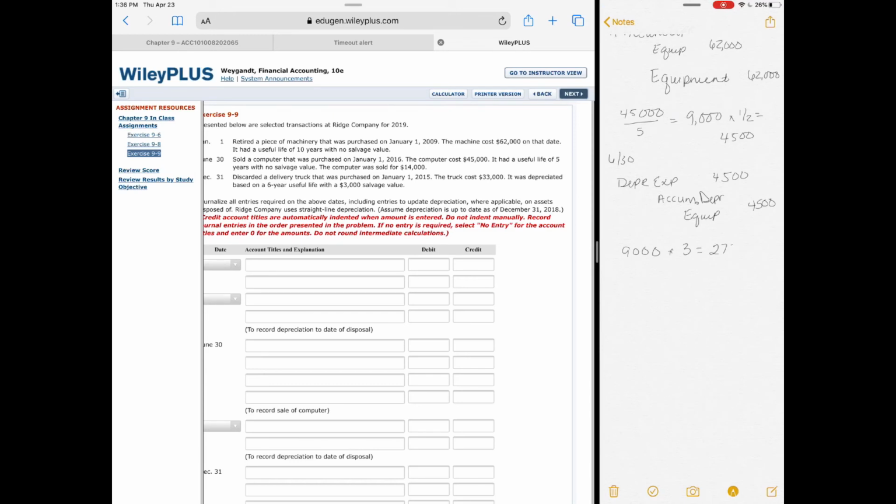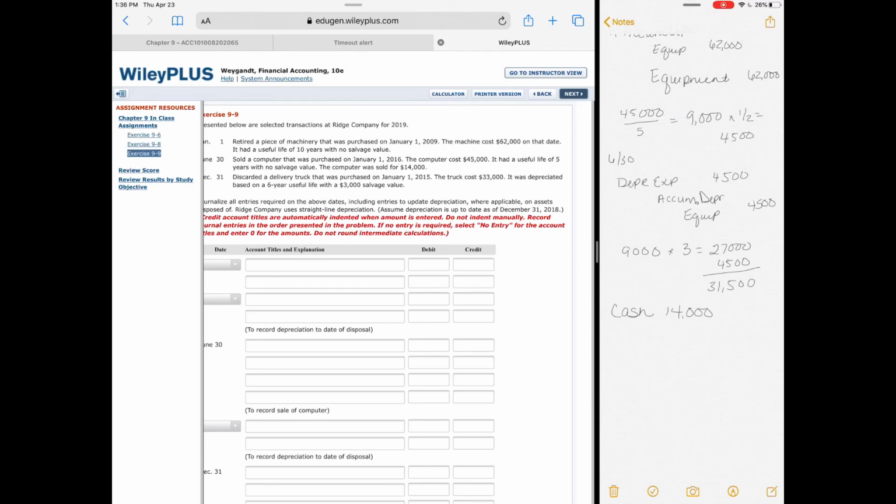So that would be $27,000. I just recorded another $4,500, which then brings me to total accumulated depreciation of $31,500. I need to record that I got cash for this asset. That's the first thing that I would start with. It's easy. So I'm going to debit my cash, and I got $14,000 for this asset.